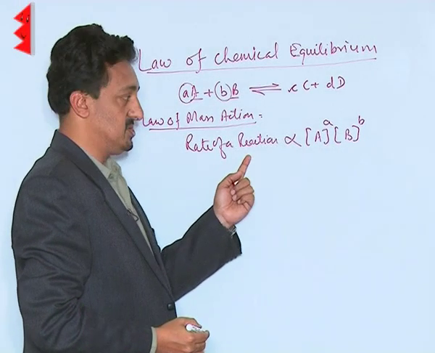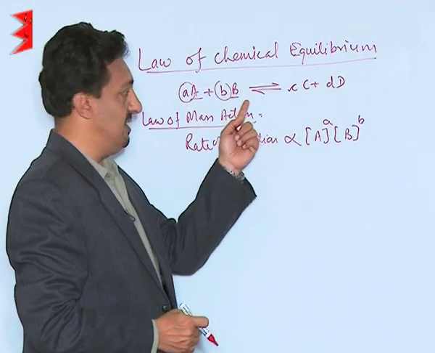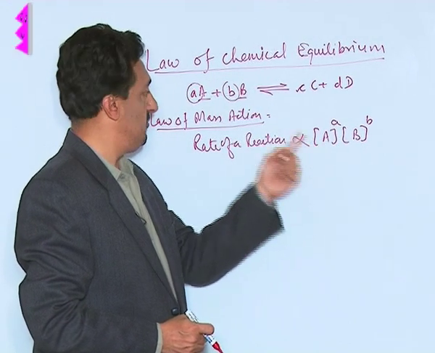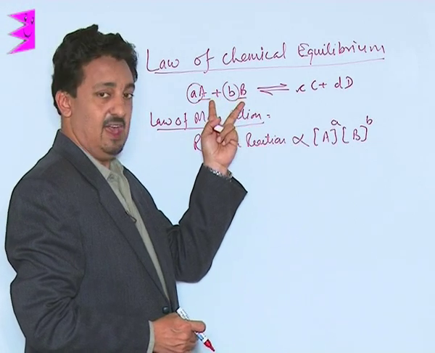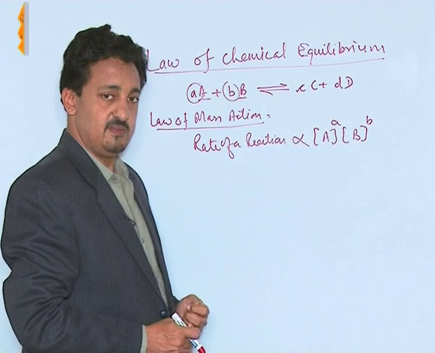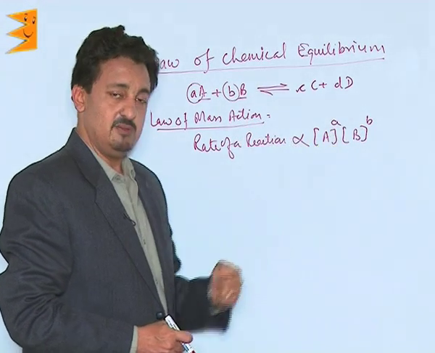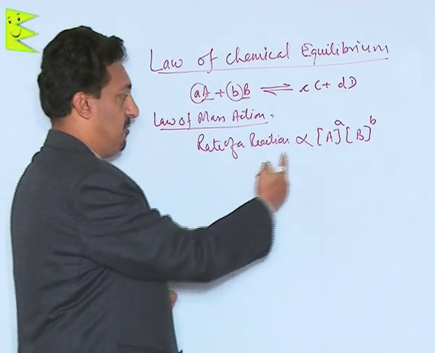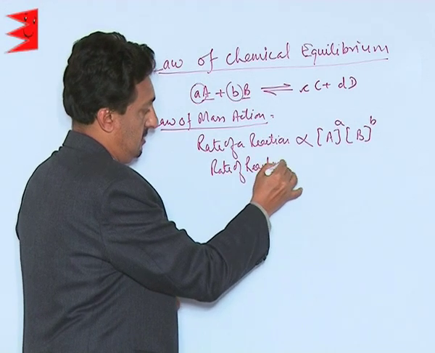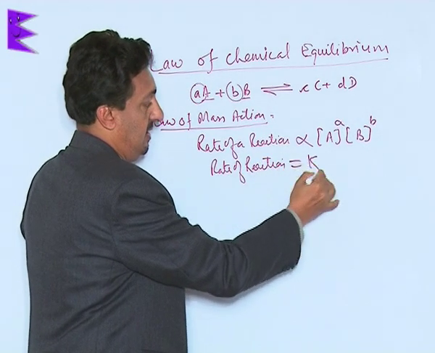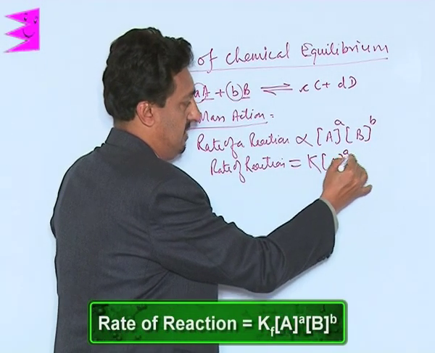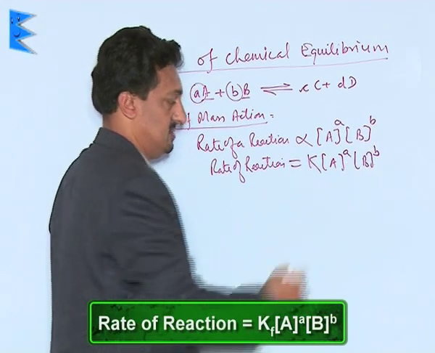So, the rate of a reaction as per this law for this reaction will be proportional to the product of molar concentration of the reactants A and B raised to the power their stoichiometric coefficients, which are small a and small b. The proportionality is replaced by a constant called K, and this expression becomes like this.